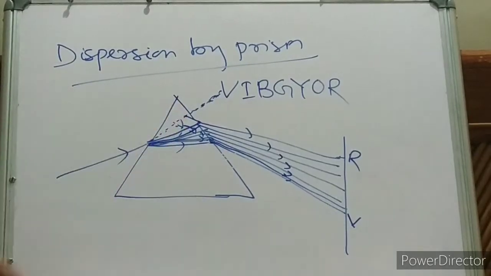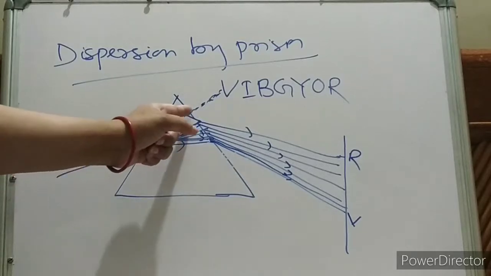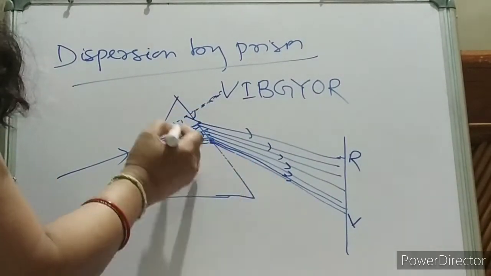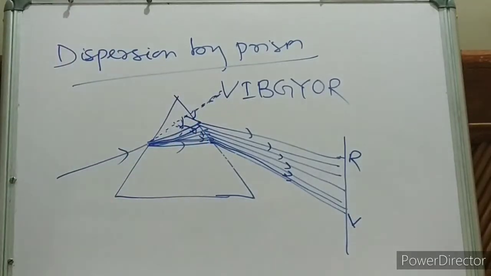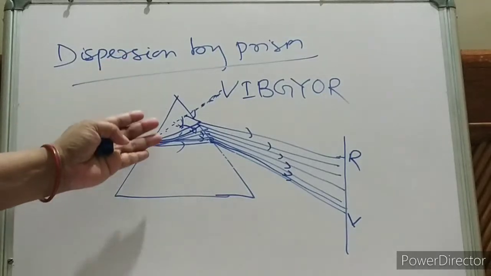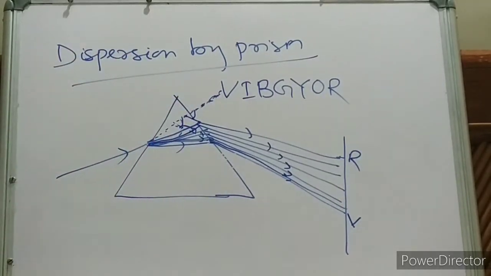Where is bending more, where is deviation more? As you can see, red color will bend least and the violet color will bend most. Why this is happening, we are going to discuss now. Is it clear what is dispersion by prism?